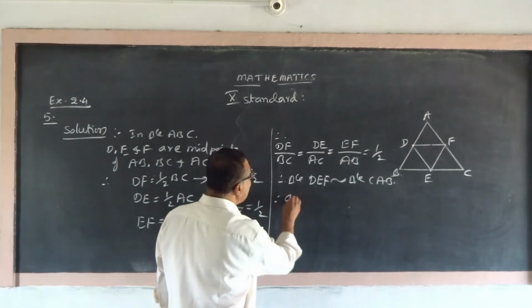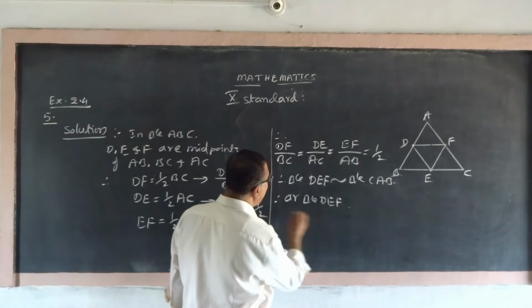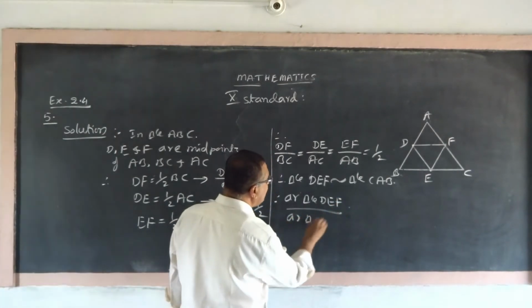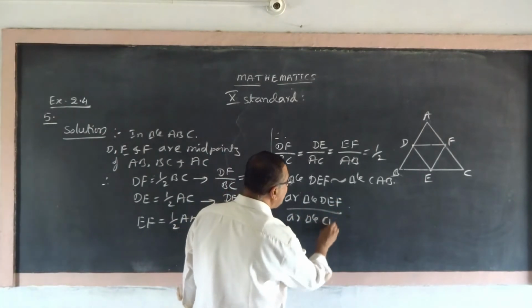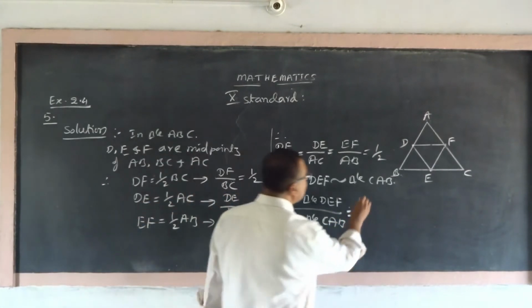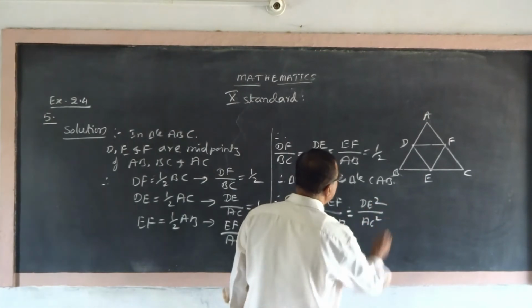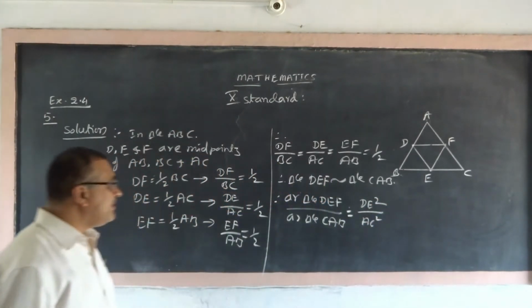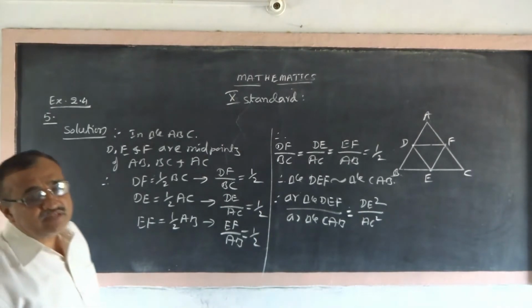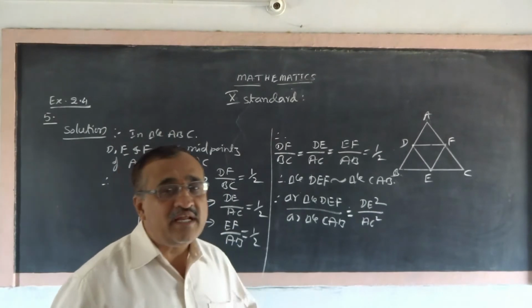Therefore, area of triangle DEF by area of triangle CAB is equal to DE square by AC square, according to the theorem on areas of similar triangles.